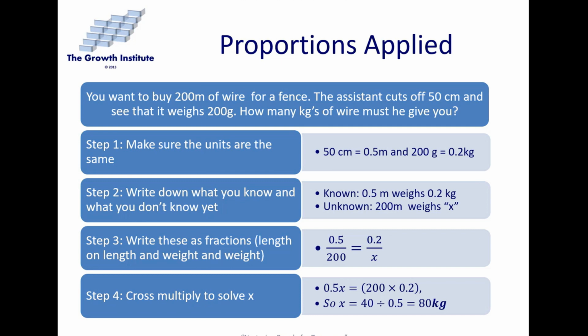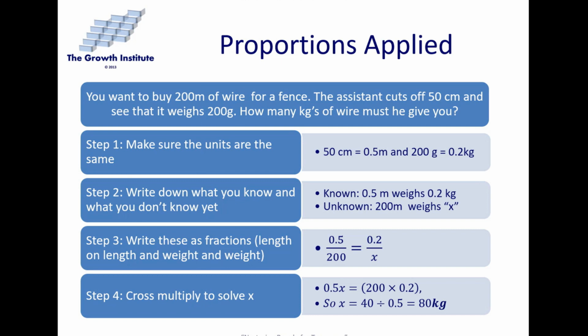Now, step 2. Write down what you know and what you don't know yet. Okay, what do we know? We know that 0.5 meters weighs 0.2 kilogram. What we want to know is how much 200 meters weighs. Because you understand why this is needed.